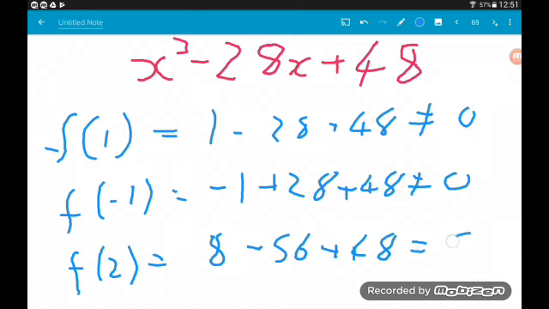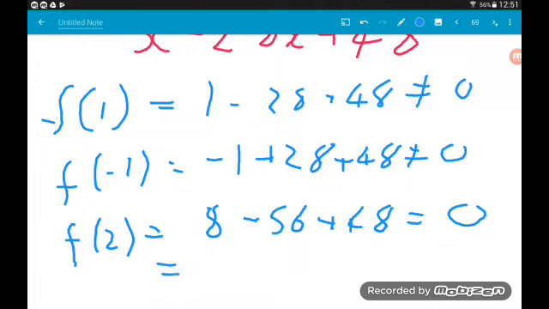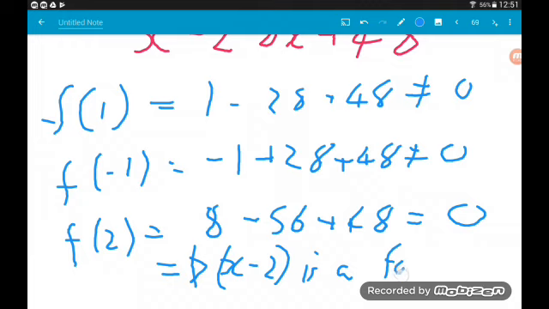So, winner chicken dinner, we have our factor. So, this tells us x minus 2 is a factor. We have our linear factor. Now we want to write it as a linear times a quadratic. Find the quadratic, see how many solutions we have.